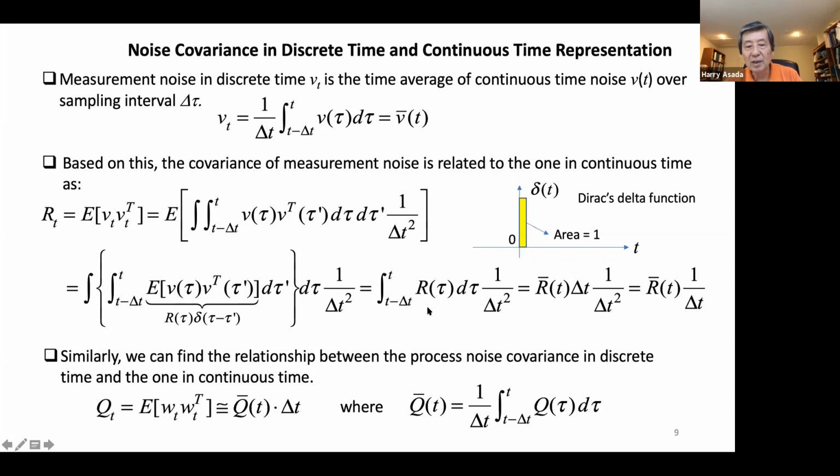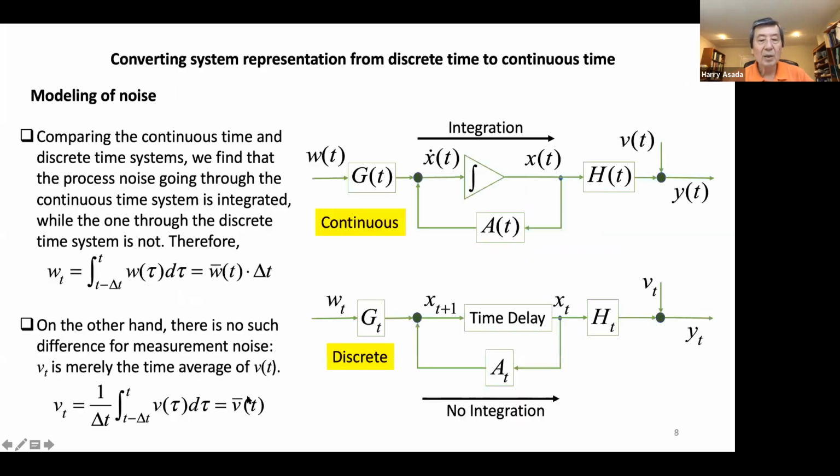This basically uses the average operation, so it is given by R bar t over delta t, because the delta t squared is over here and this cancels out, resulting in this expression. We can do the same operations for Q_t, but remember that the Q is related to the process noise W_t, and W in continuous time is related in this way.